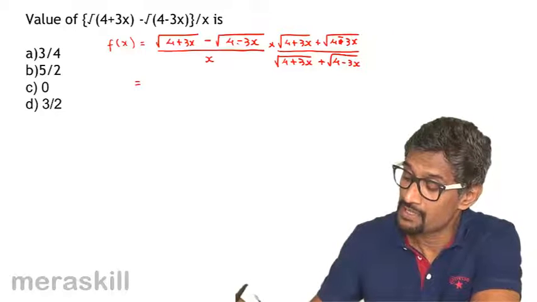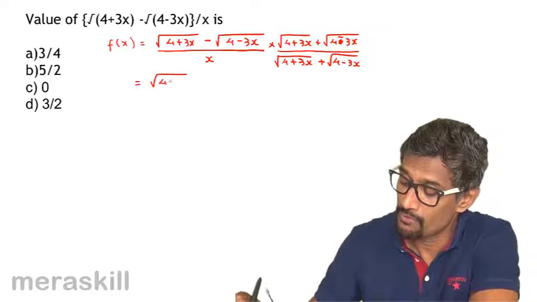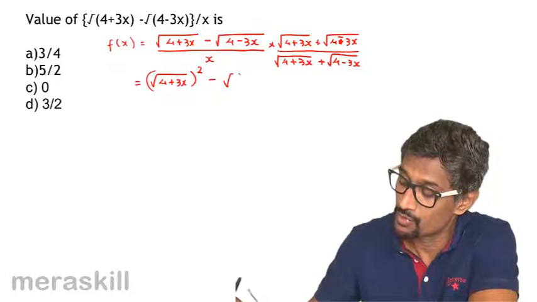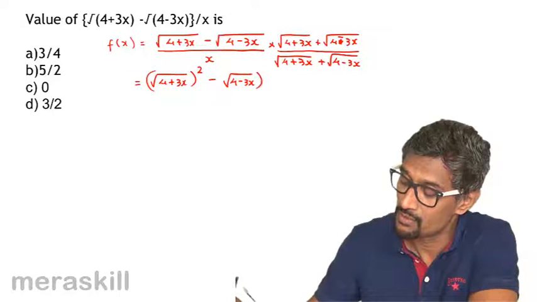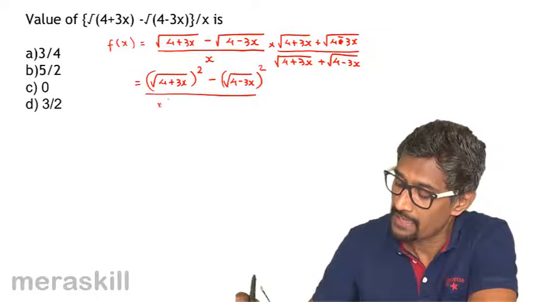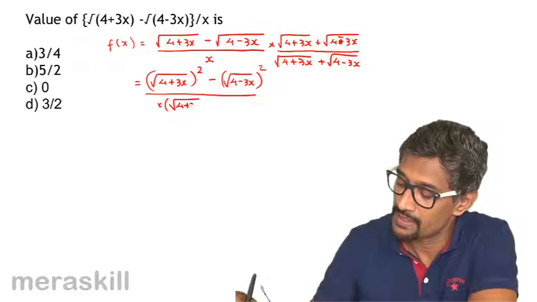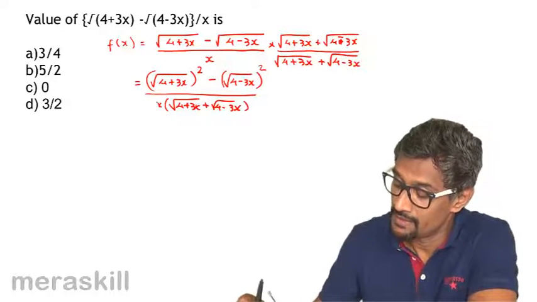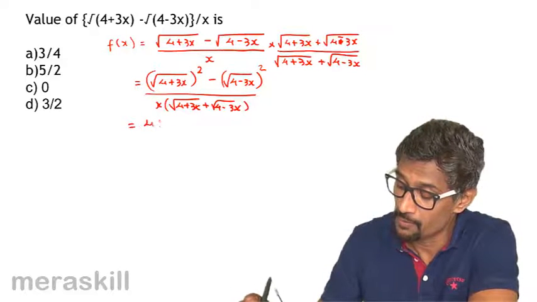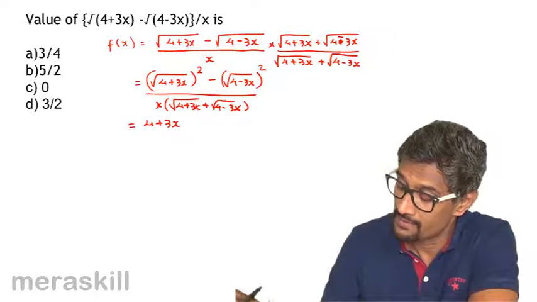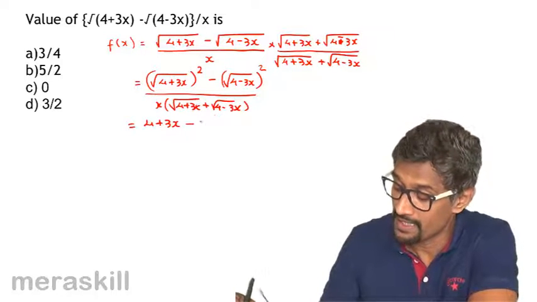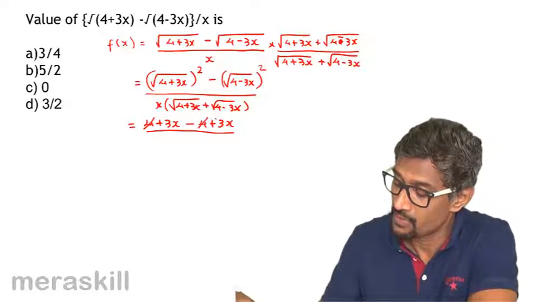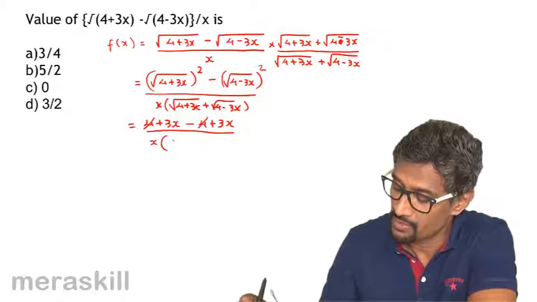This will be a minus b into a plus b, so it will become root of 4 plus 3x the whole square minus root of 4 minus 3x the whole square upon x into root 4 plus 3x plus root 4 minus 3x. Now this will become 4 plus 3x minus of 4 minus 3x, which is minus 4 plus 3x. 4 and minus 4 get cancelled, upon x into whatever it is.